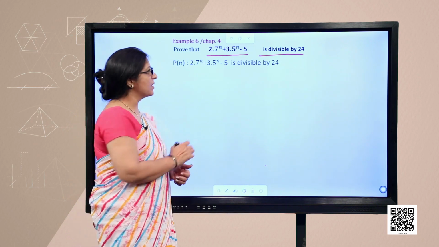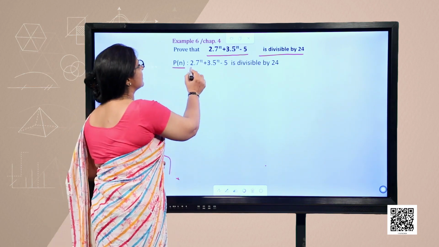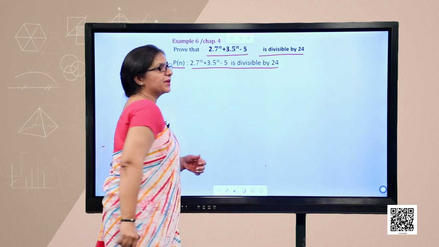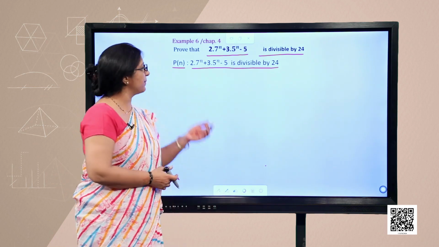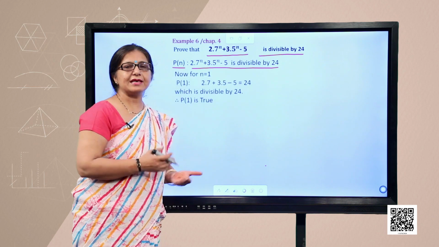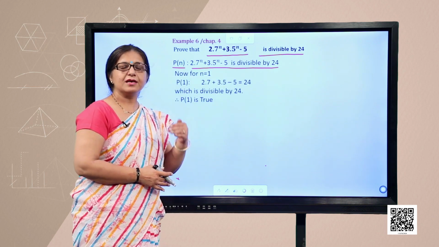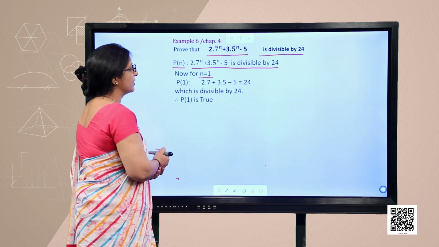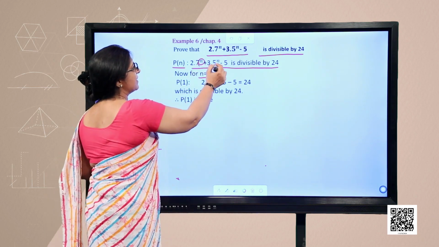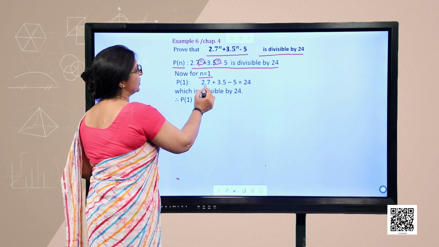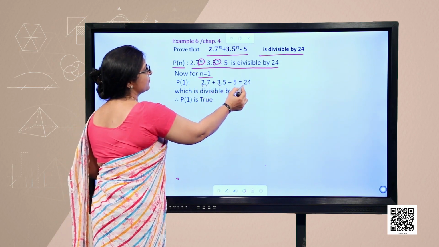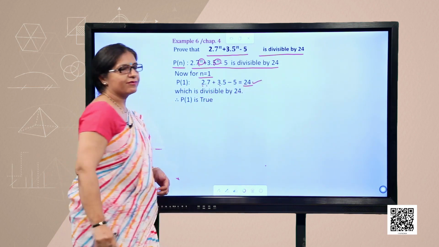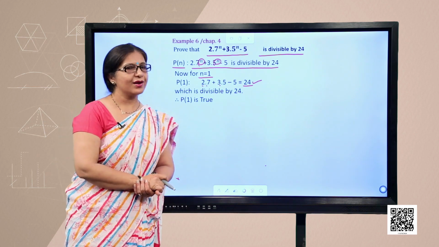What are the basic steps? First we will assume that this given statement is Pn. We define it by Pn. Now we check the truth for P1. P1 means n is equal to 1. After replacing this n by 1, what do we get? 2 into 7 plus 3 into 5 minus 5, we get 24, which is obviously divisible by 24.